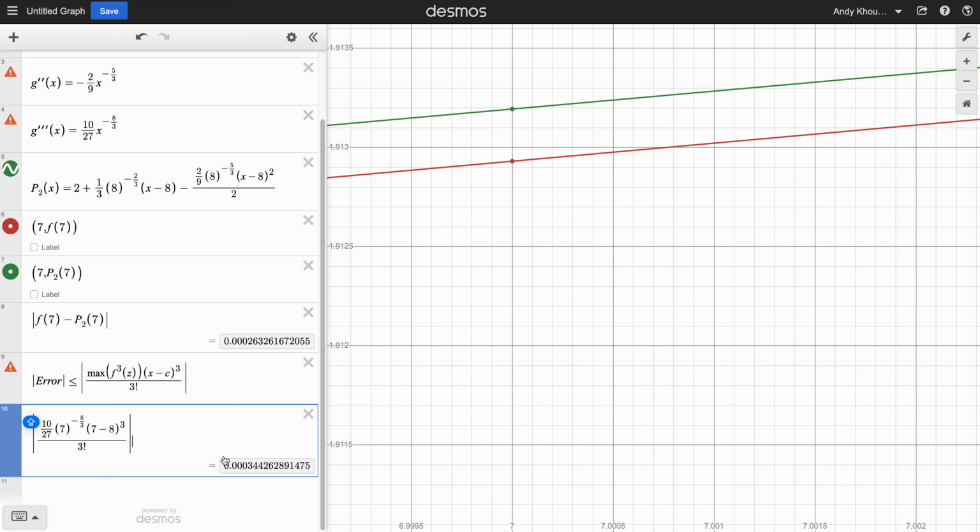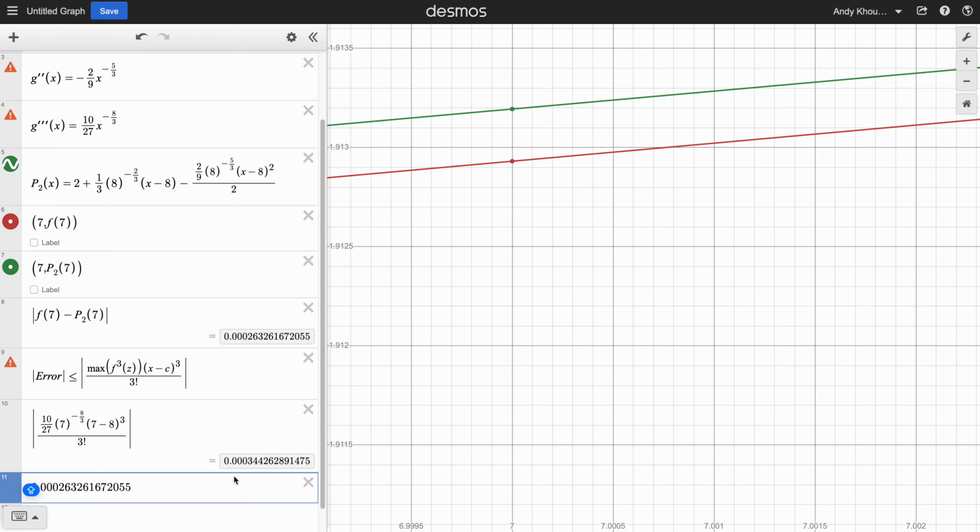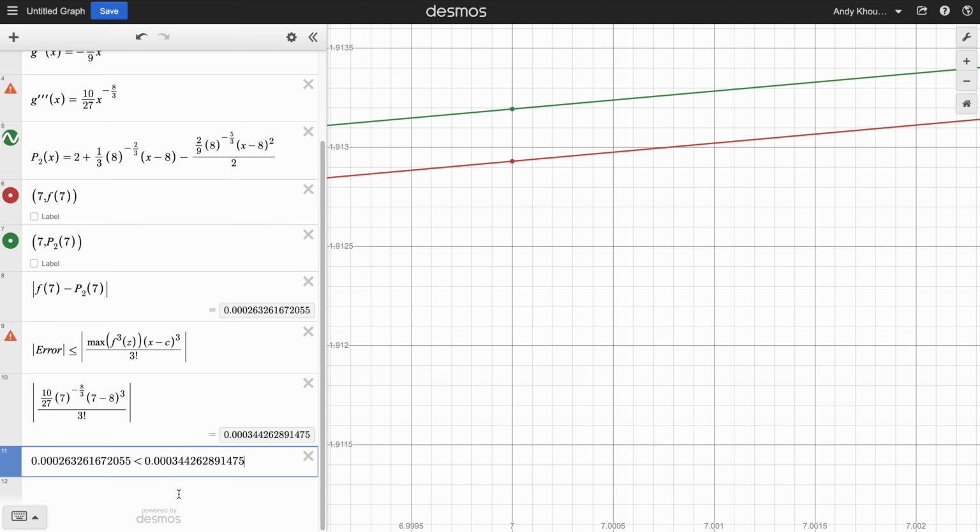And you'll notice that once again my actual error right here of 0.0002 is less than my approximate Lagrange error of 0.0003. Now, once again, hypothetically, I don't think you'll be asked to find the actual error. I think what you'll have to do is find the Lagrange error and call it a day in terms of these types of problems.